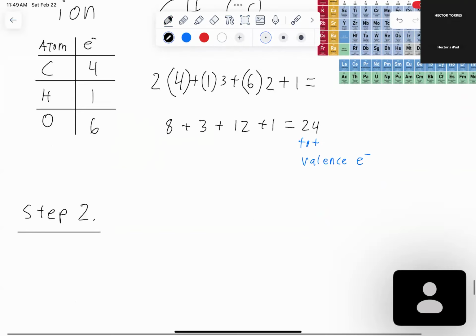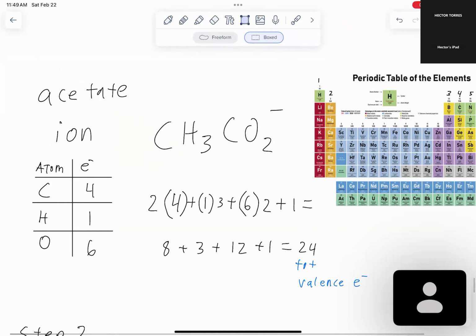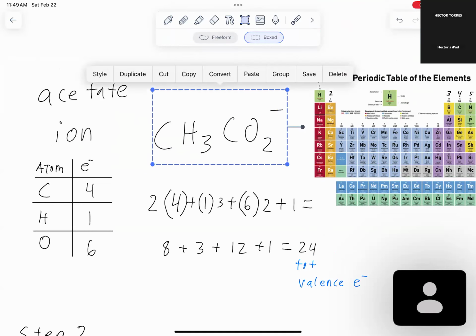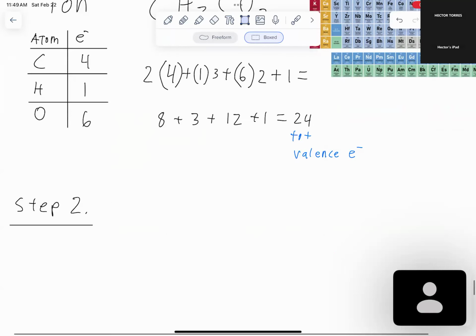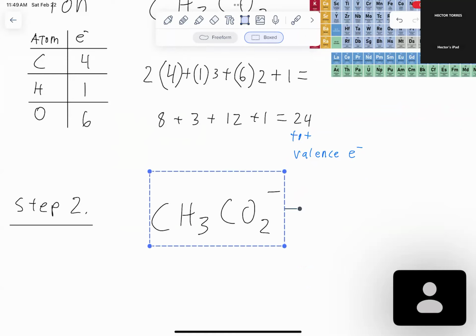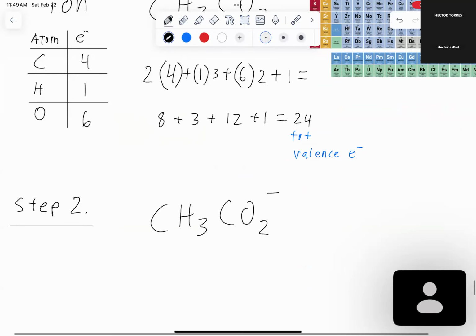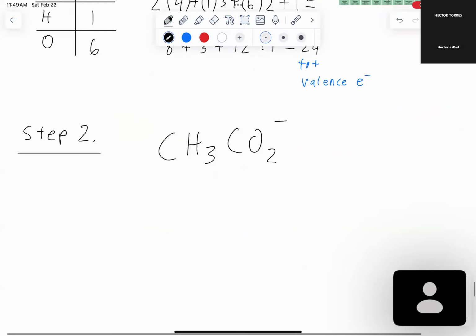Step 2 is looking at connectivity. This molecule is a little bit different than the other ones because, since it is a carbon molecule, it gives a little more idea of what goes in the middle and what goes on the ends. For this one, carbon is going to be attached to carbon, one carbon is attached to the three hydrogens, and the other carbon is attached to the 2 oxygens.